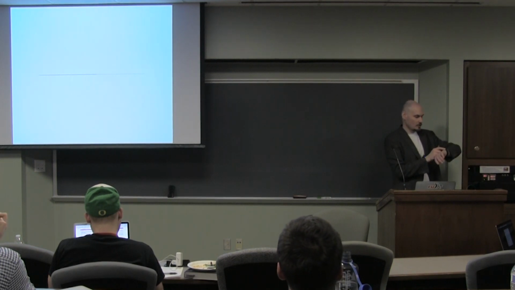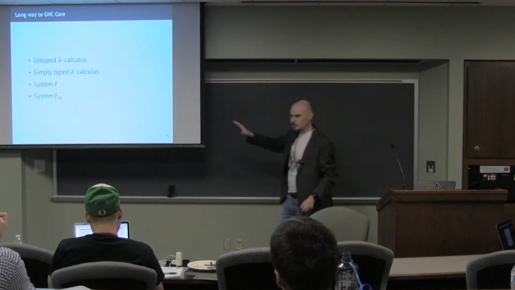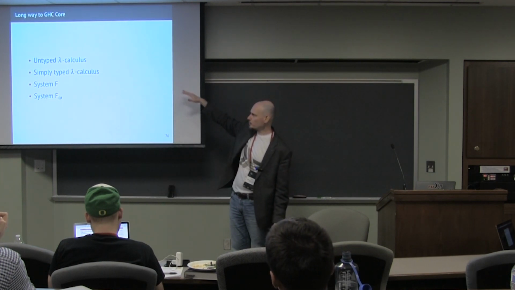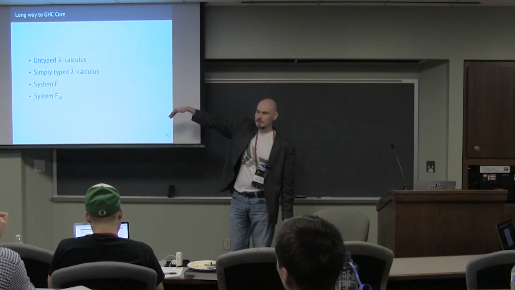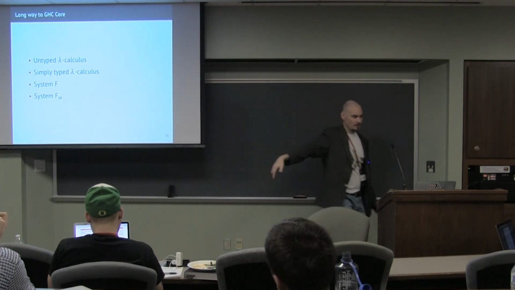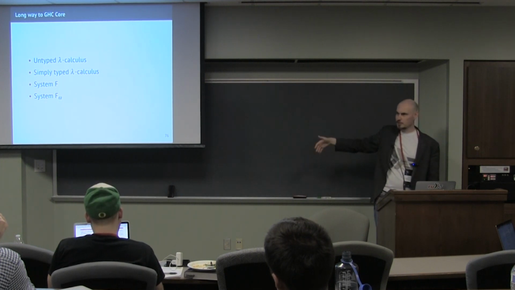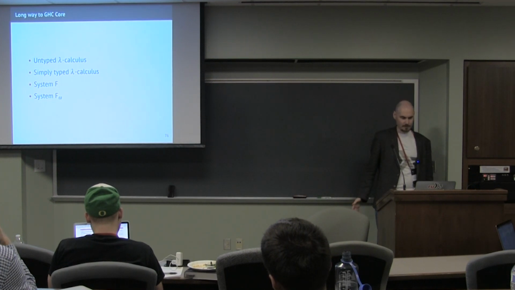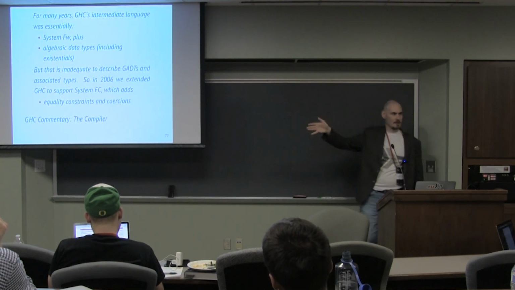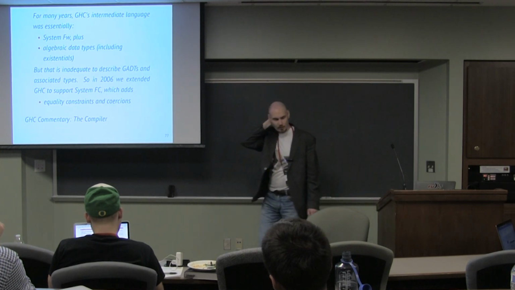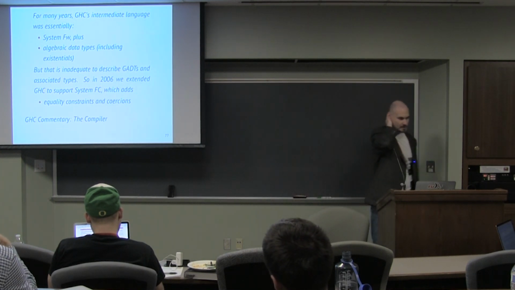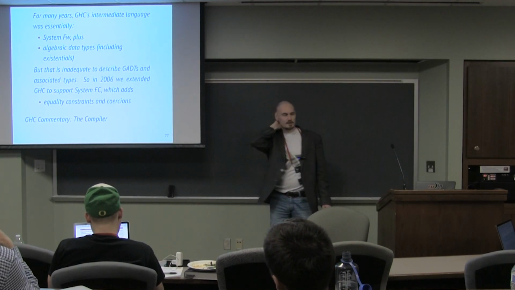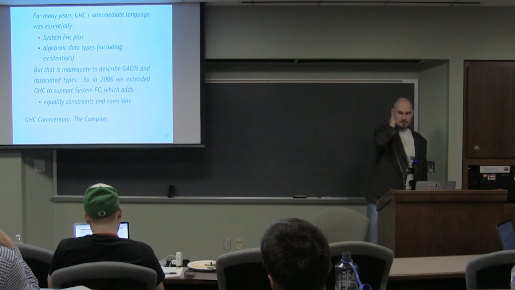And I'd like to finish with the following. This is the way that we've gone up to this point in this workshop. We talked about untyped lambda calculus, and then it was extended to the system F omega with type functions, values, polymorphic functions, and that's it. This is another quote from the GHC commentary, which says that for many years, like 20 years, this system F omega was exactly the system behind GHC Core.